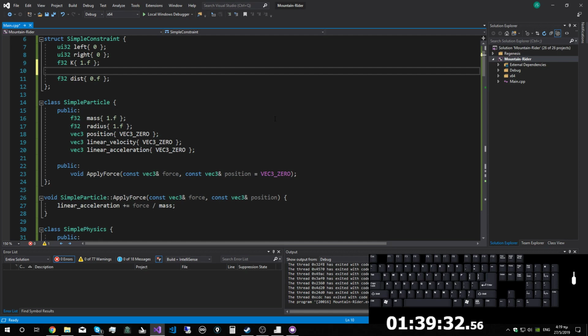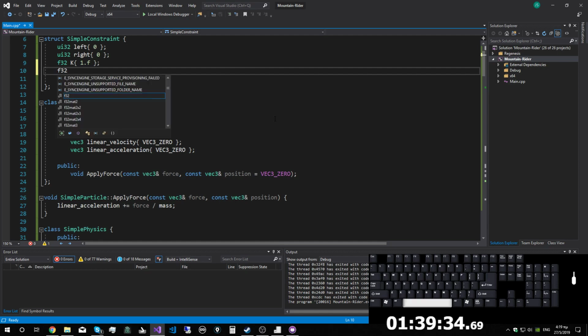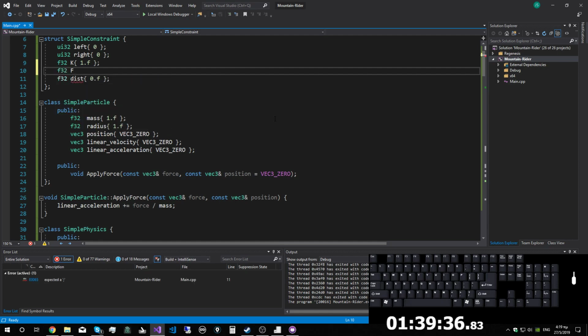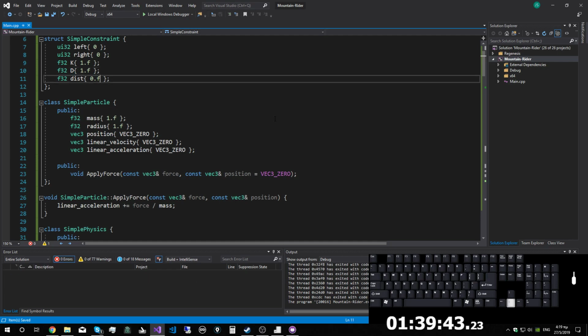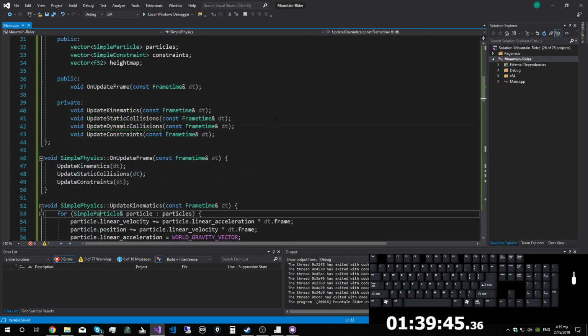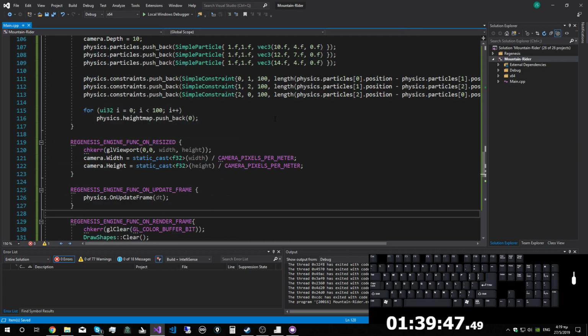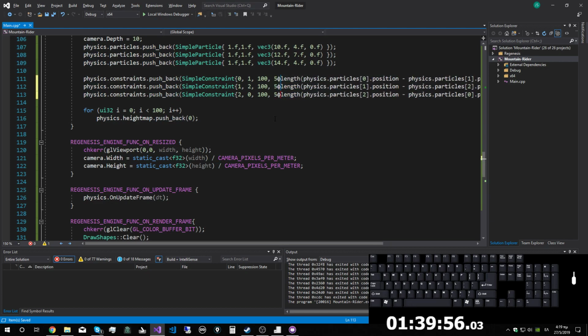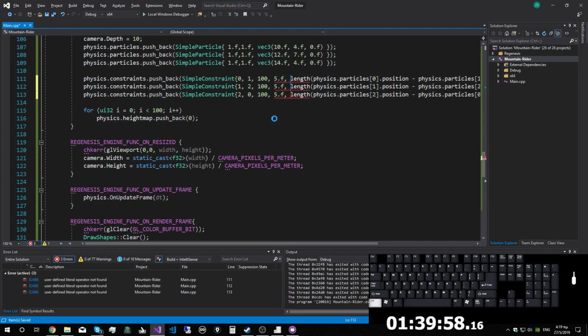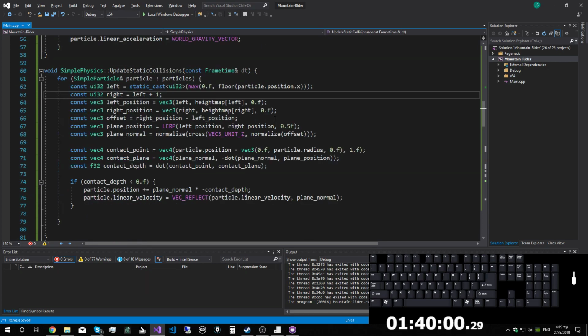Let's call the damping value f or d. Okay. Let's do it like this, and let's go ahead and set that value here. Let's start with 5 for now, not Greek letters, like this.